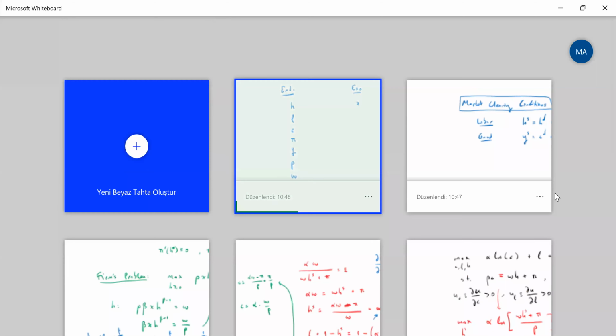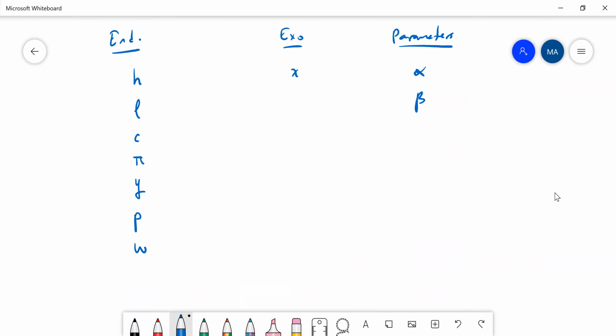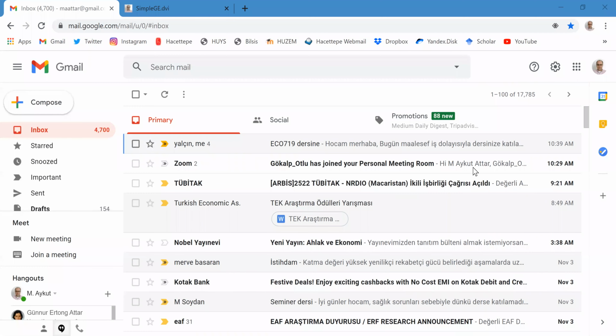So now we want to count the equations, because at the end, we want to express all of these endogenous variables as functions of the exogenous variable X and the parameters alpha and beta. So let me take a shortcut here and directly show you the results from the handout, so you can better locate them.